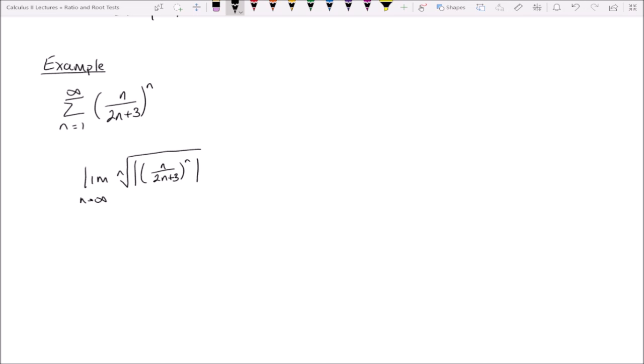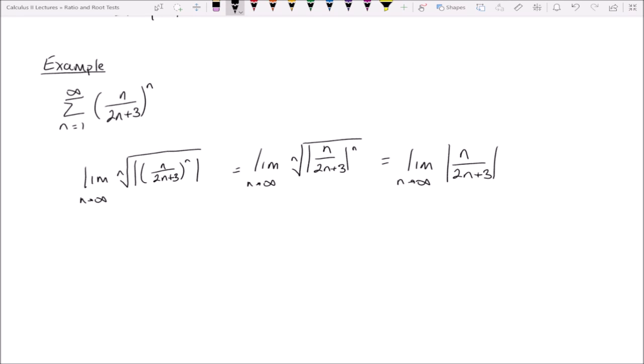Well, this becomes the limit as n approaches infinity of the nth root, absolute value n over 2n plus 3, and then raised to the nth, which simply becomes the limit as n approaches infinity of the absolute value of n over 2n plus 3, which is the limit as n approaches infinity of just n over 2n plus 3, which is 1/2, which is less than 1.